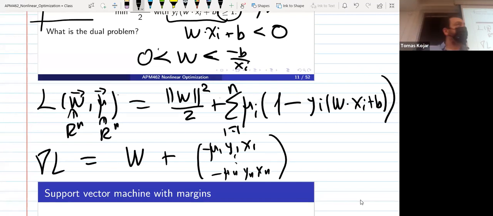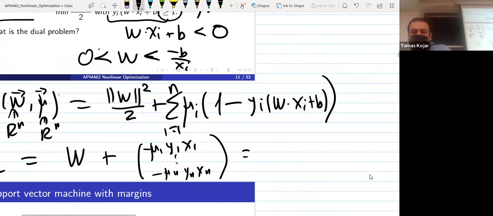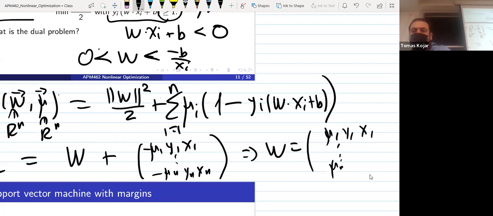Okay, so then you just solve it and you got your minimizer. So W is equal to mu1, y1, x1, up to mu n, yn, xn. Okay, so that's the minimizer for this problem.